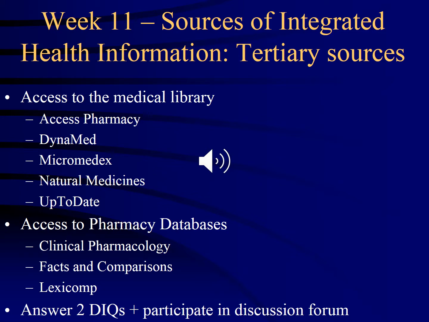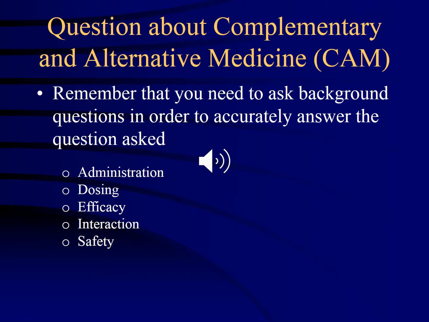So let's start with this week's lesson, and we're going to be looking at some tertiary sources that provide information on integrated health. And again, I would expect you to access the medical library and the pharmacy databases. When you receive a question about a complementary and alternative medicine or any other type of integrated health topic, you need to remember that you're going to have to ask background questions in order to accurately answer the question asked.